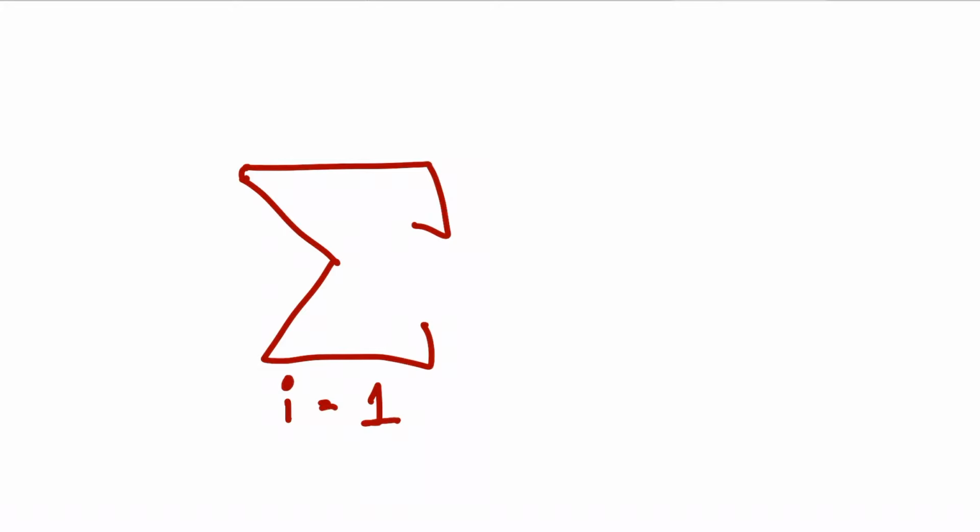So let's say that i starts at 1 and I'm going to go to 10. So i starts at 1 and it goes to 10. And here's the formula. And I'm going to sum up the i's.